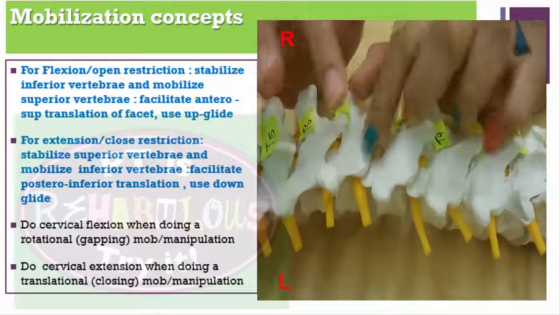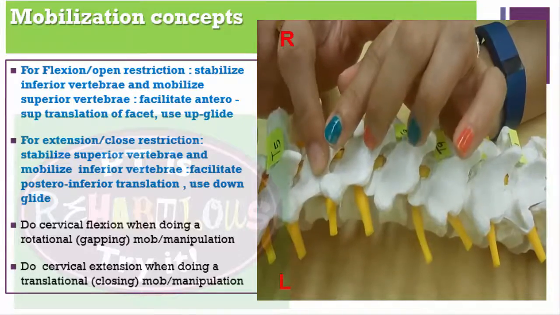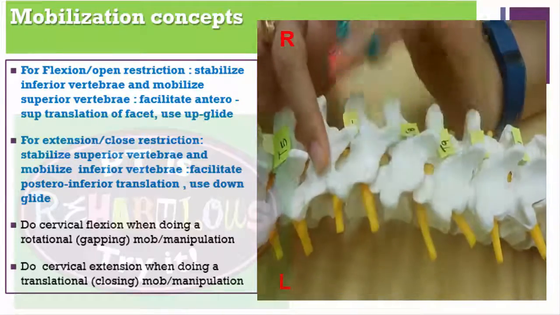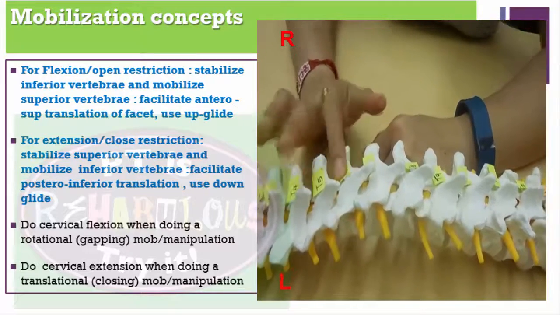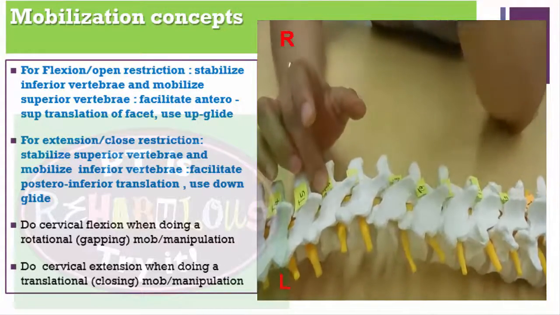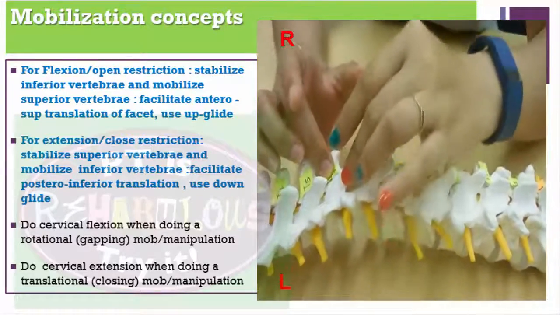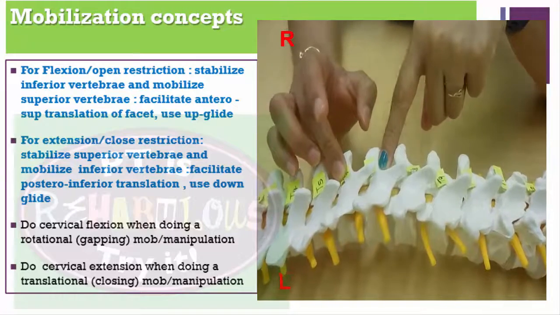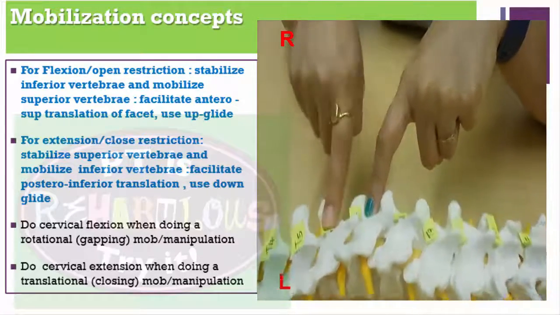So if you remember this, only then will you be able to mobilize this vertebra. If I want to improve flexion, I'm going to mobilize T6 and stabilize T7, and for extension, mobilize T7 and stabilize T6.